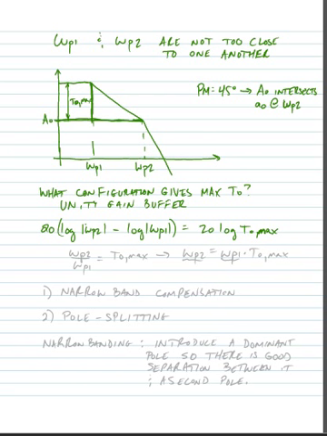If we solve this, we could show that omega P2 over omega P1 would be equal to our maximum loop gain. And hence, omega P2 needs to be equal to omega P1 times the maximum loop gain that we desire in our system.